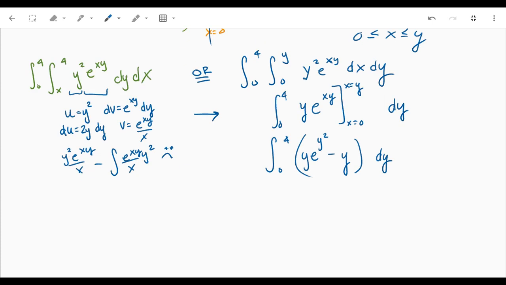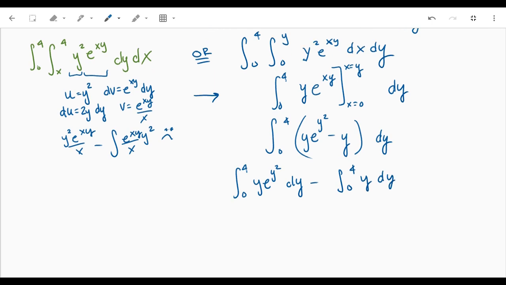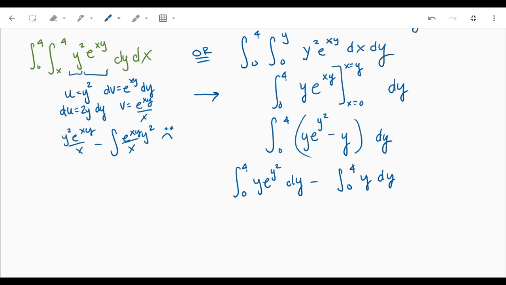All right, and I'm going to split that up into 2, because one of them is clearly easier than the other one. But this one's not too bad. You can think about a u sub there.